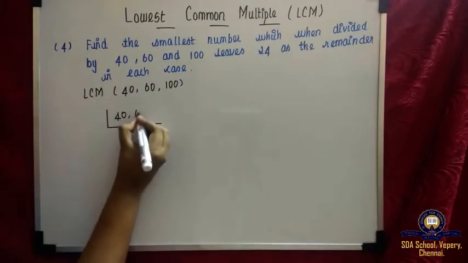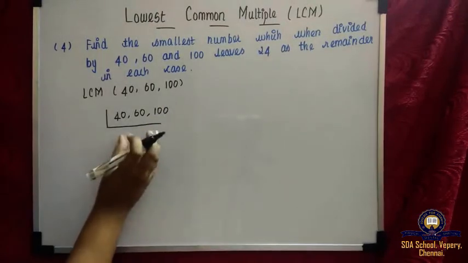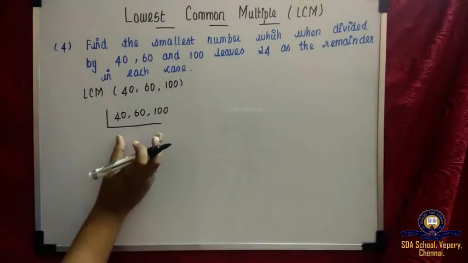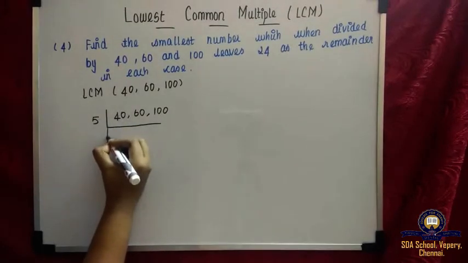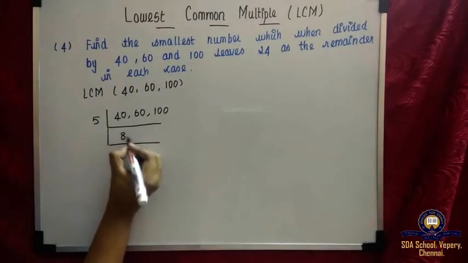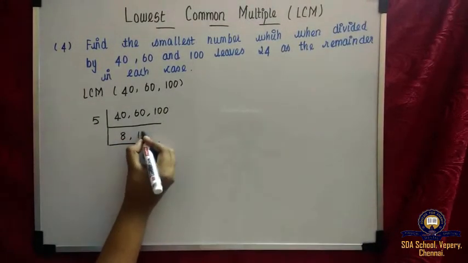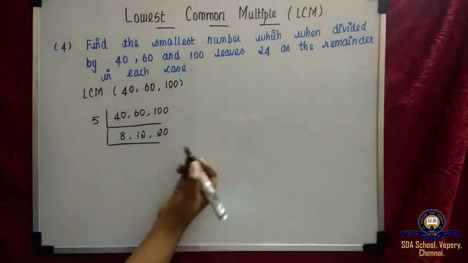(40, 60, 100). So all the three numbers have a common factor 5, right? 5 8s are 40, 5 12s are 60, 5 20s are 100.